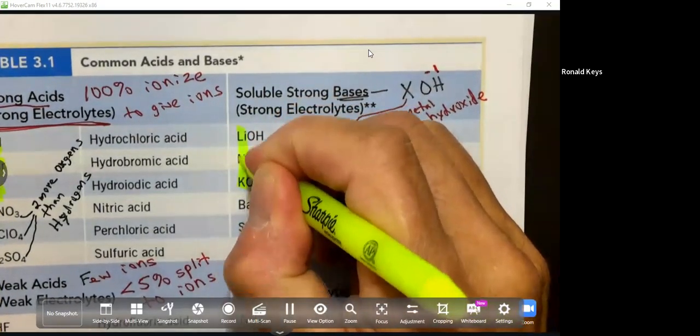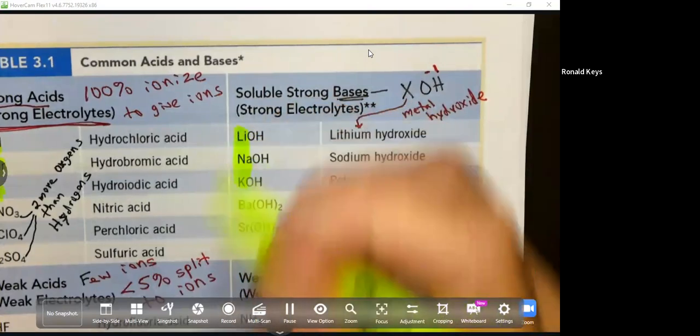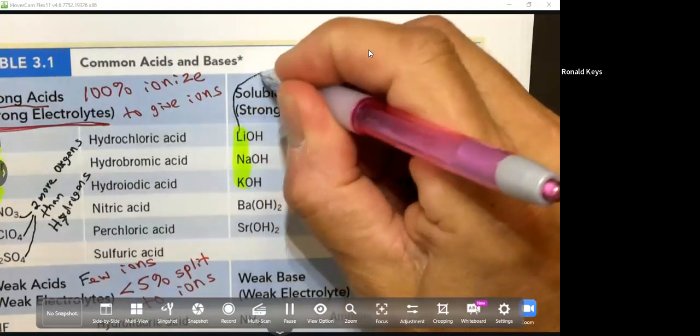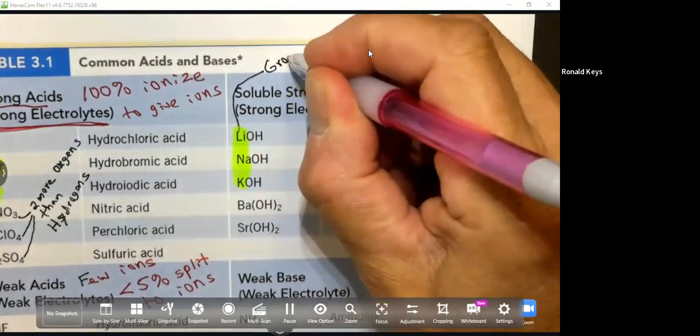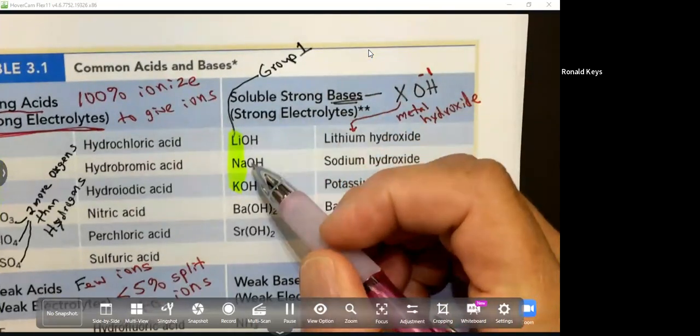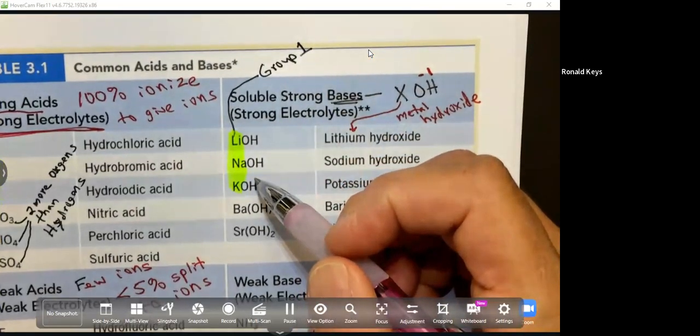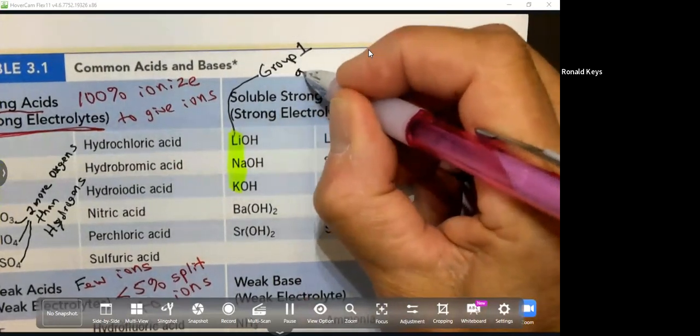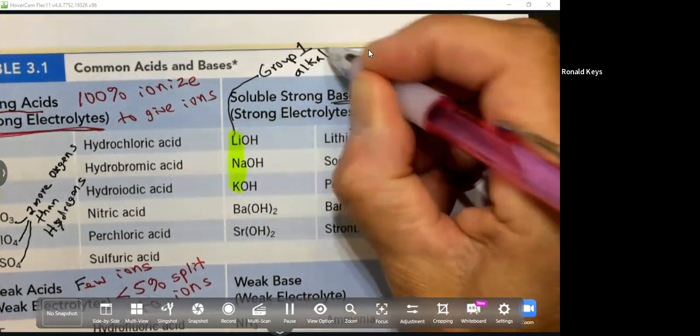Sodium, potassium, on the periodic table, group 1, right? Lithium, sodium, potassium, group 1. What's the family name for them? Yeah, alkali metals.